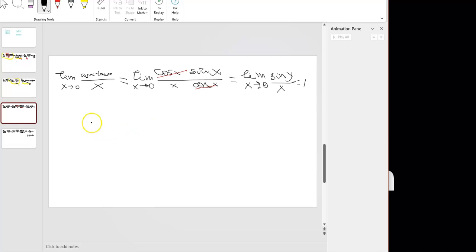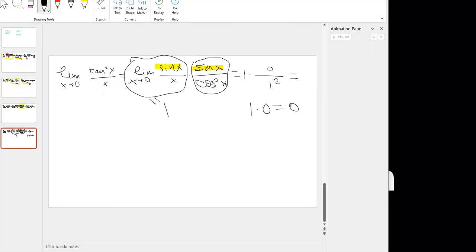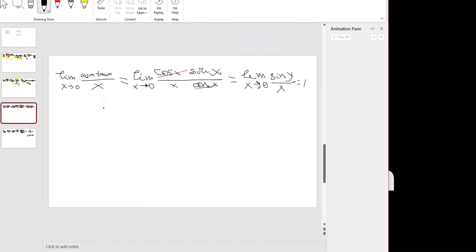Next example, limit as x approaches 0 of the quotient cosine x times tangent x divided by x. There is no sine x here explicitly, but we can apply the technique called dividing out, because if you plug in 0 here, you again get the same situation, 0 over 0. So what is tangent?